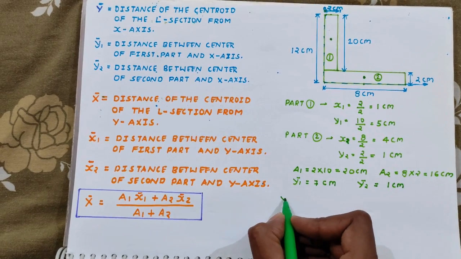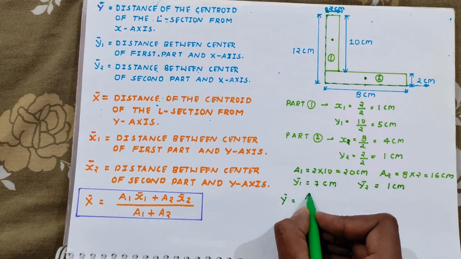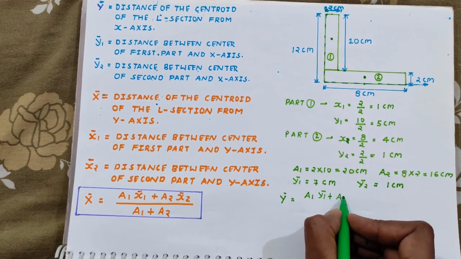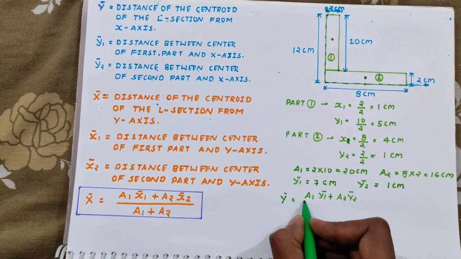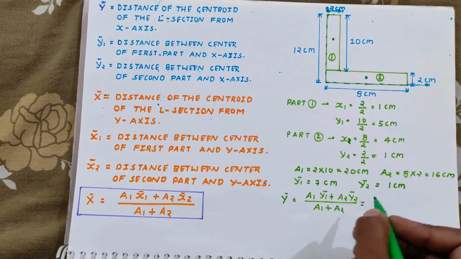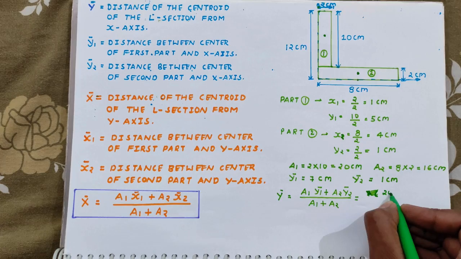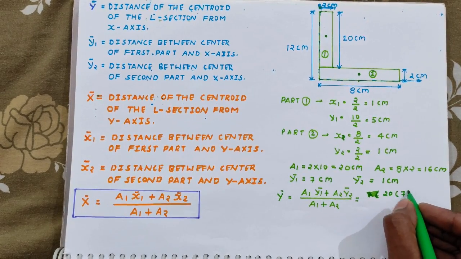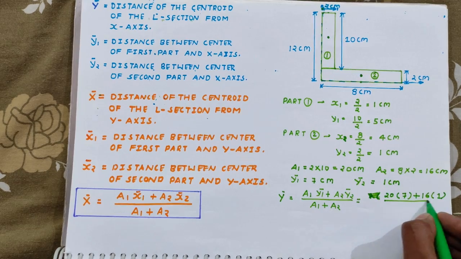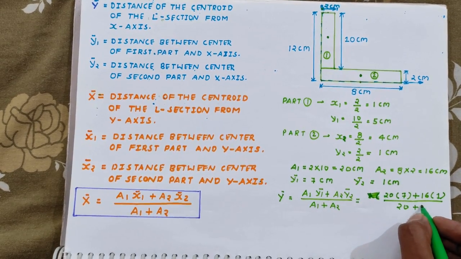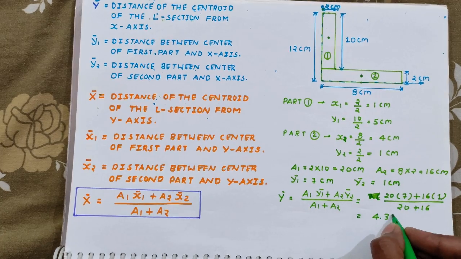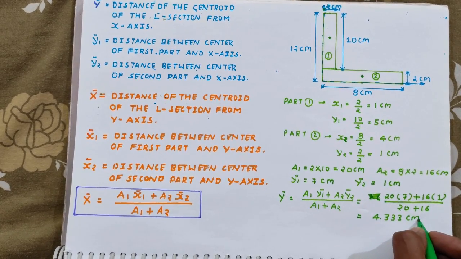Now put in the formula, we know y bar equal to a1 y1 bar plus a2 y2 bar upon a1 plus a2. So a1 equal to 20, y1 bar equal to 7, a2 equal to 16, and y2 bar equal to 1, upon a1 plus a2, 20 plus 16. If you calculate, you get 4.333 centimeter.